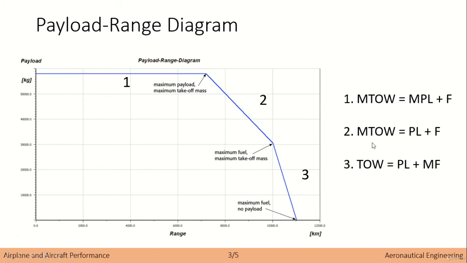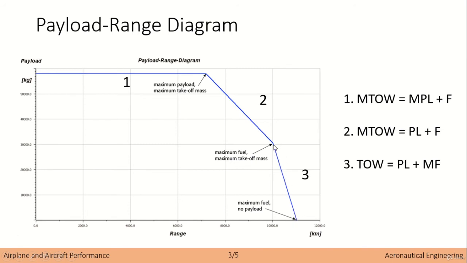Okay? We continue on this curve over here, which is 2, until we get to the tanks being completely full. In this case, maximum fuel is achieved, and we can only continue to increase the range by reducing the weight of the aircraft.